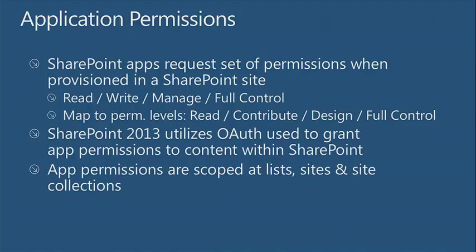There may be a number of those, and the user says, yes, I agree to that application having access to all of those things inside my SharePoint site. Again, it's using OAuth, and you also specify the scope of what you want to access. At the moment, you'll probably stick around webs, sites and lists, but there are a whole bunch of them that you can pick in terms of what the scope is.